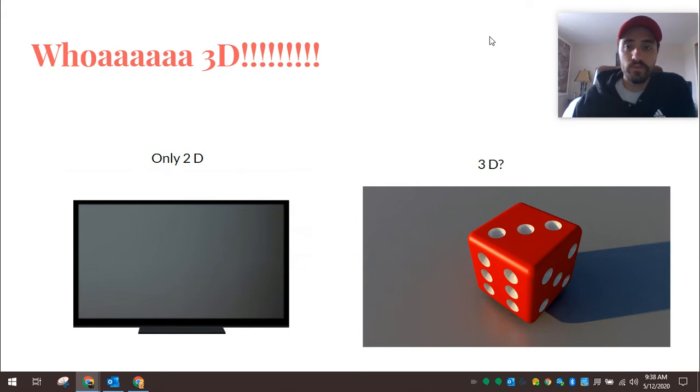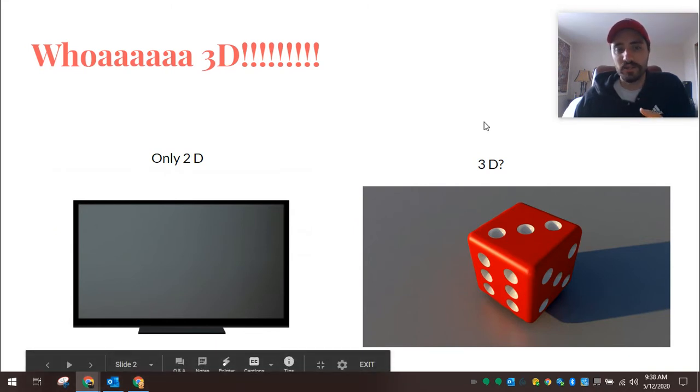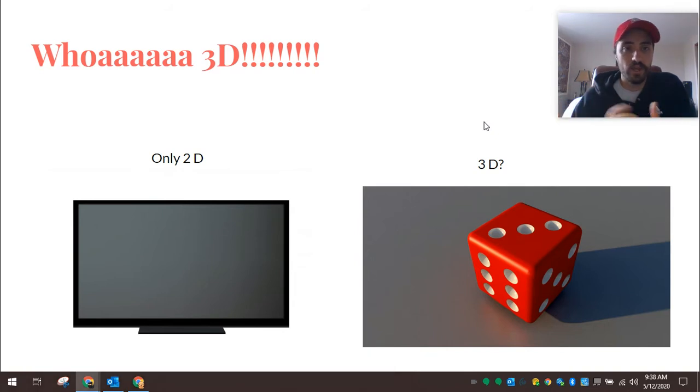Well, we know that we can watch 3D movies, and those are different than things that we watch on television. This television is only 2D, and this picture to us looks like it's 3D. What's the difference and what's really going on? That D stands for the word dimension.